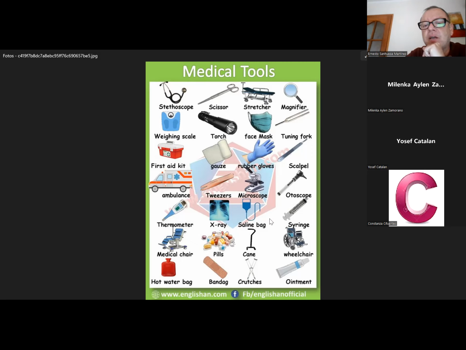Erasmo, what about the microscope? Microscope. To use to analyze very small things. Yes.